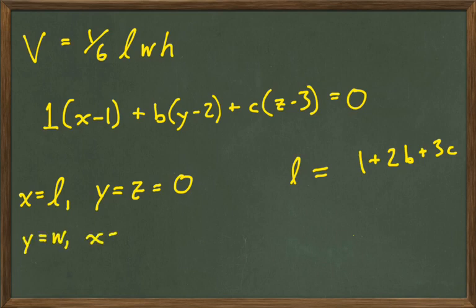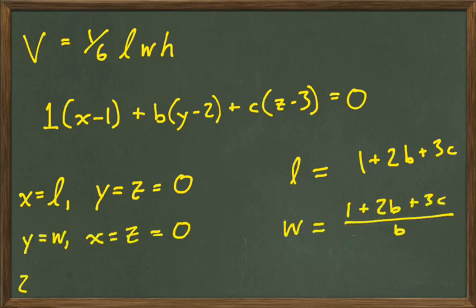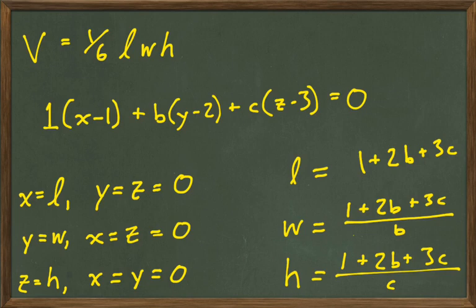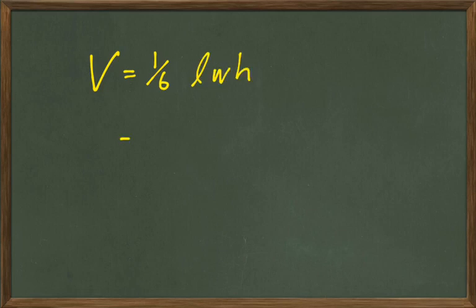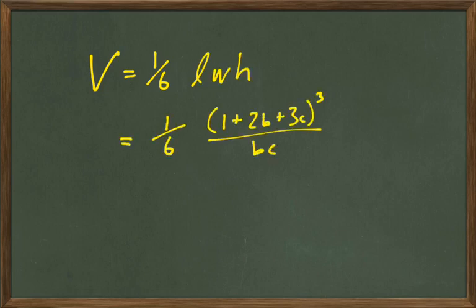We'll set y to W, the others to 0, and solve. We just get that b denominator. And similarly for z. Once we have this, there are L, W, and H. We can plug them back into our volume formula up there, and we see that we get this nice form for V in terms of our two control variables, b and c.